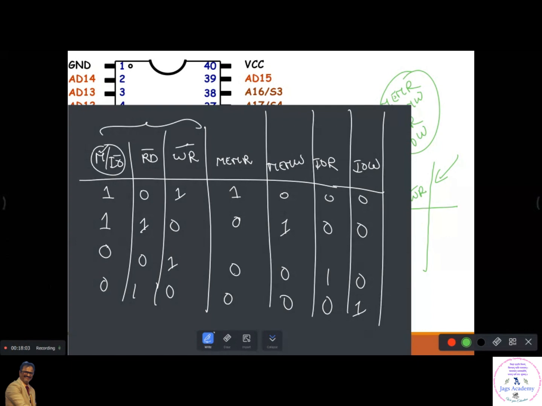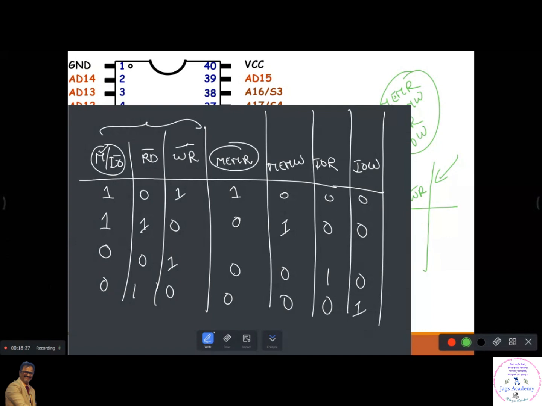Now, these are the signals available from the microprocessor and you have to generate these. Can you tell me how do you generate these signals? You need a decoder. Why go for such a complicated one? Can you just write a simple combinational circuit for this? A decoder is also combinational only.